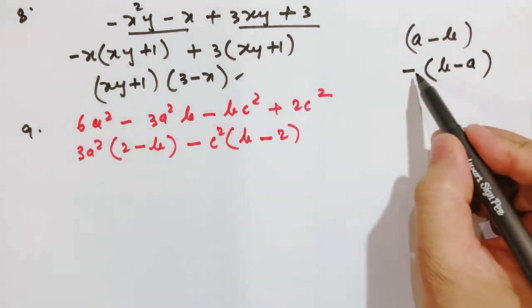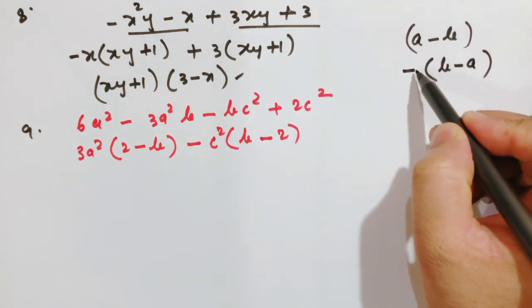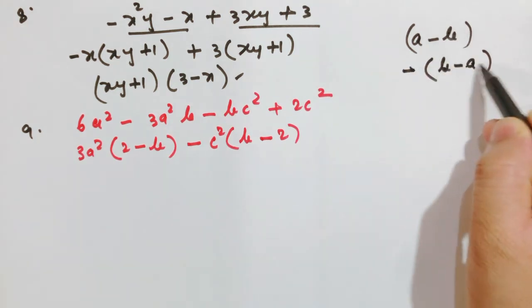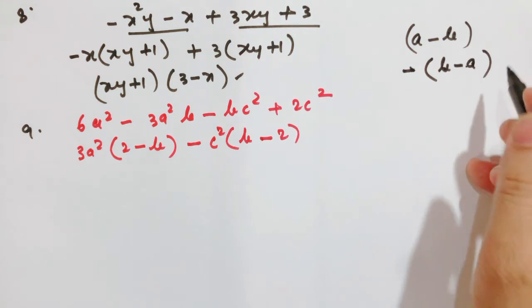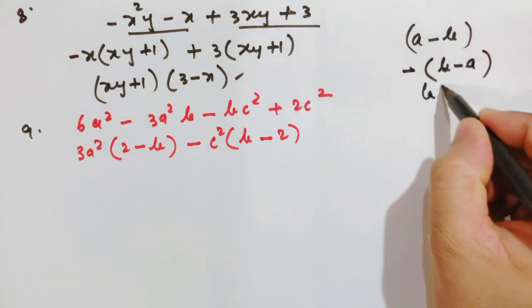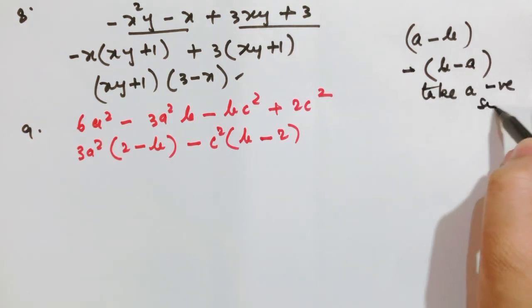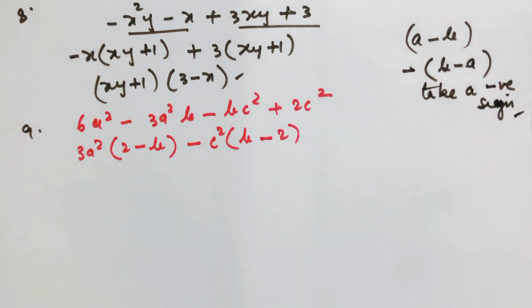If there is a problem, look: minus into b is minus b, and minus into minus a is plus a. So whenever you want to interchange the terms, you take a negative sign out.